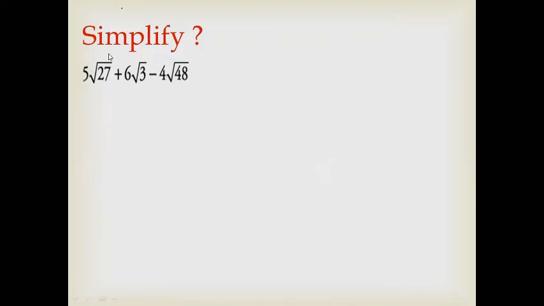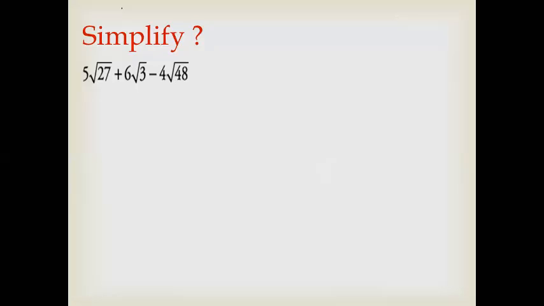Are the radicals alike or different? Different. Okay, so what can you do here? Can you simplify it? We must simplify. Yes, we can make the radicals alike by simplifying them.